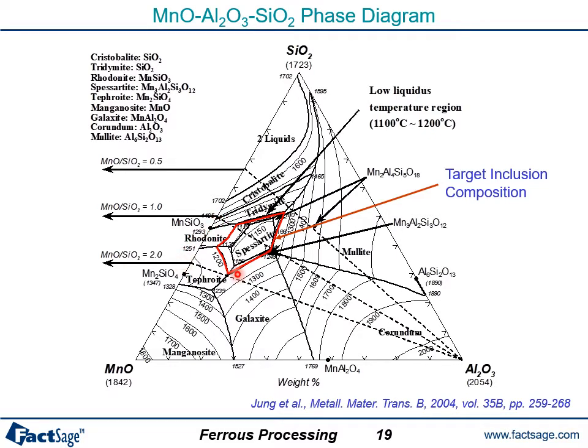If you add a little bit of alumina into this system, you can see the isothermal lines for 1200 degrees Celsius, even 1150 degrees Celsius. So if you make your final inclusion composition within this range, you can keep the liquid inclusion even at 1200 degrees Celsius during the process.